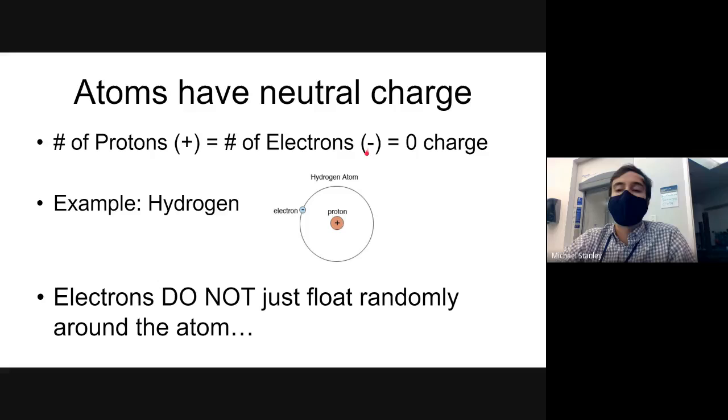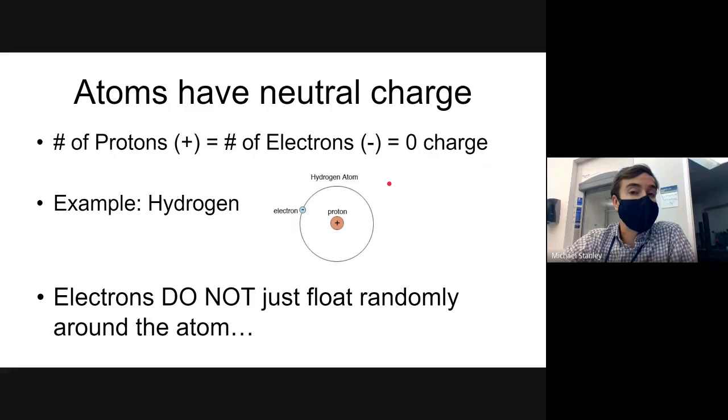Electrons are negatively charged, because remember, if you get hit with electricity, you're going to have a negative time. So electrons are negative, protons are positive, and if we end up with the same number of them in our atoms, then they balance each other out. They cancel out and we have a neutral atom that does not have a charge.